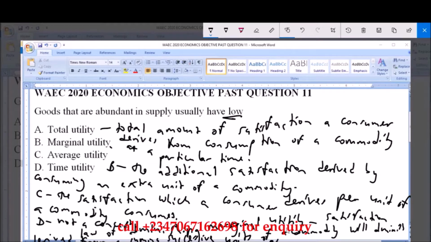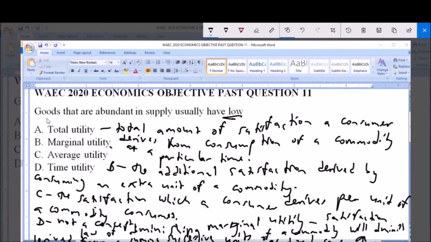as total consumption increases. So from what we see here, as consumption of successive units increases, the satisfaction will reduce.